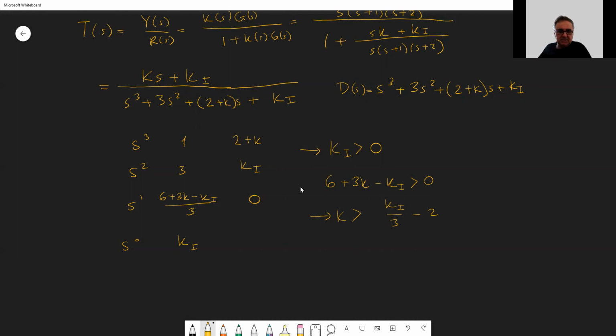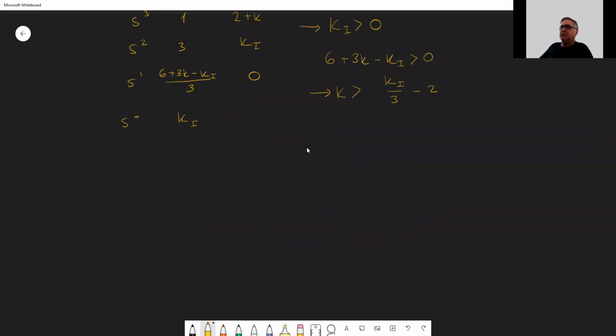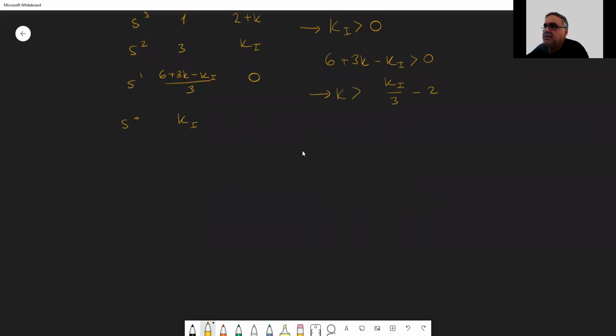K should be greater than 0. So if we have two parameters here, we can maybe plot them in a parametric plane if you wish. If this is, let's say, Ki, it should definitely be greater than 0, so no negative values are allowed. If Ki is 0, K can be negative 2. So let's say this is minus 2.